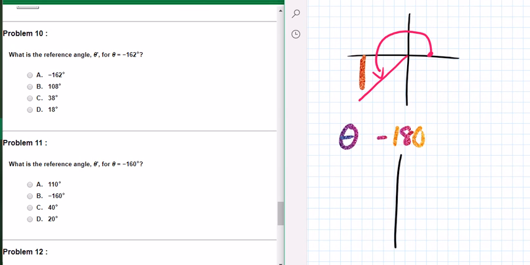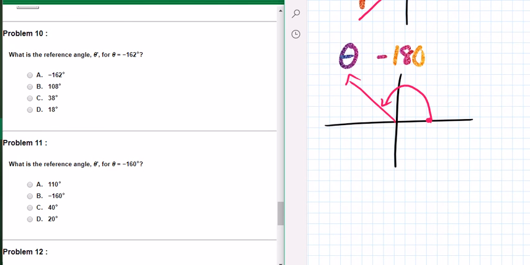If my angle were to fall into the 2nd quadrant, I would take instead 180 minus theta. And if it were in the 1st quadrant, that means it is an acute angle, and I would just use theta itself, or I could keep subtracting 360 to find a coterminal angle that falls in that 1st quadrant.